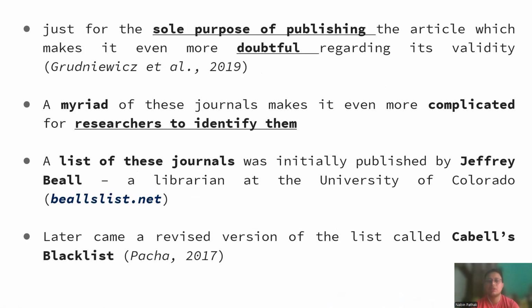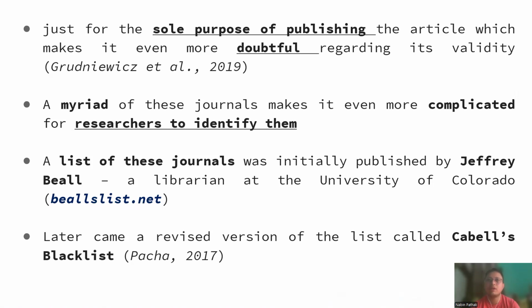They are just there for the sole purpose of publishing, which makes their validity even more doubtful. And because of the myriad numbers of journals in today's context, it further complicates differentiating which one is predatory and which one is a normal journal.